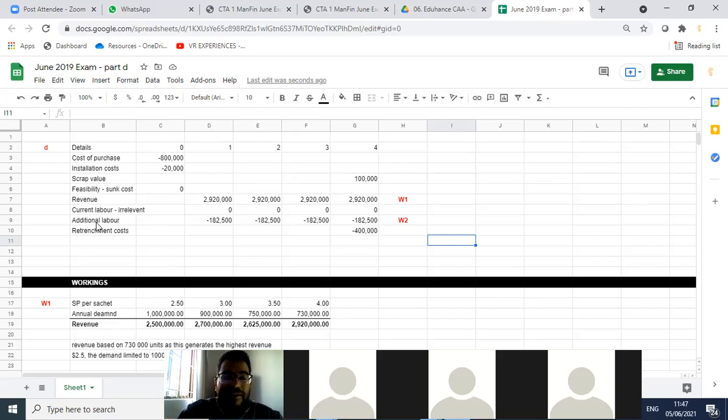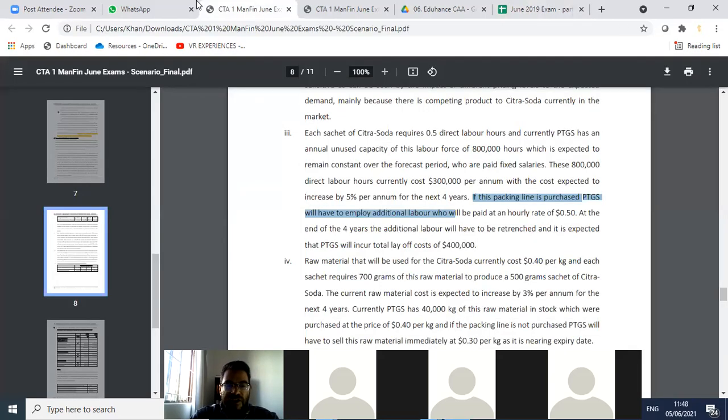But they didn't say that. They're saying when you go ahead with the purchase of the packing line, you will incur additional labor. They're not giving us a choice, so we have to include the additional labor. Please take note of that. As a result of additional labor, we will go ahead with the retrenchment costs. Wording is very important.